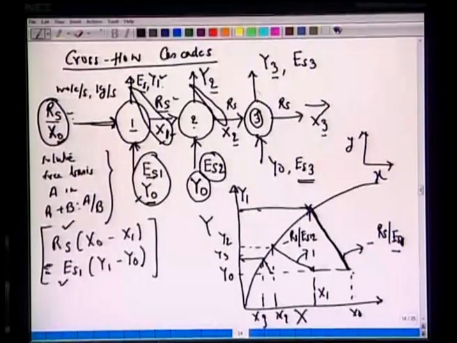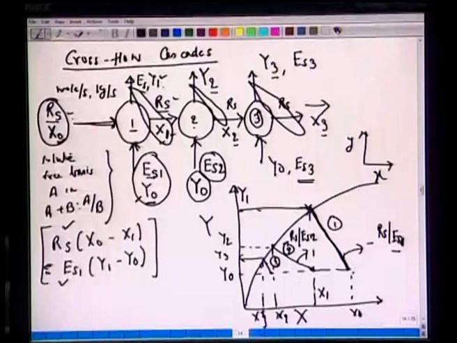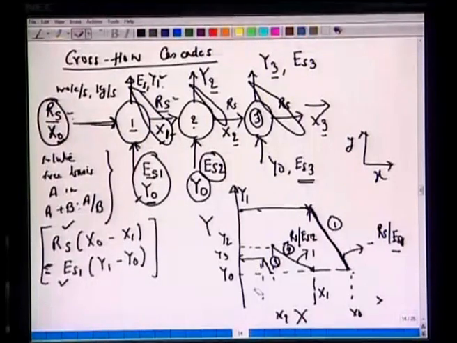So we have Y3 and X3 marked on this equilibrium curve here. So we have stage 1, stage 2, stage 3. Starting from X0, we have brought down the compositions till X3.